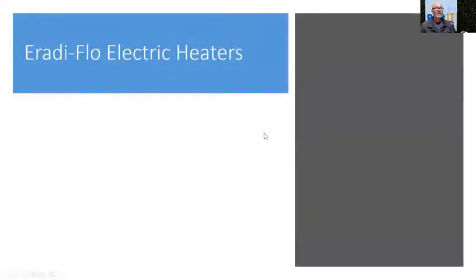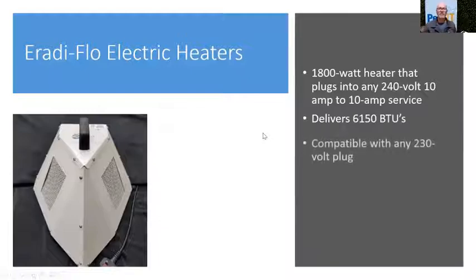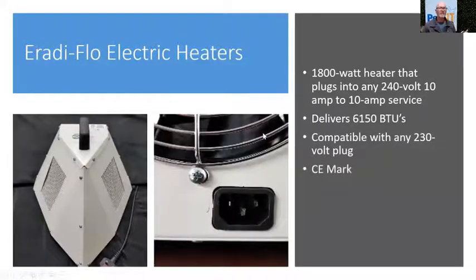Okay, so just looking at these Trifold heaters. So the brand here is the Eradiflow. These are a 1800 watt heater. This particular one has a single 7 amp or 7.5 amp input from your typical 10 amp power source. So 240 volt, plug it into just about any power point in Australia and you're ready to go.